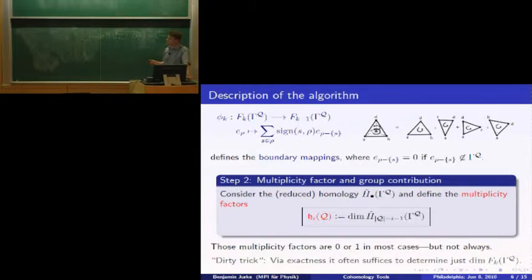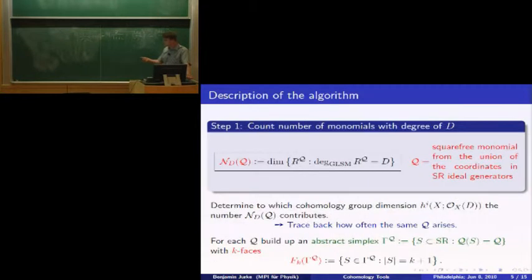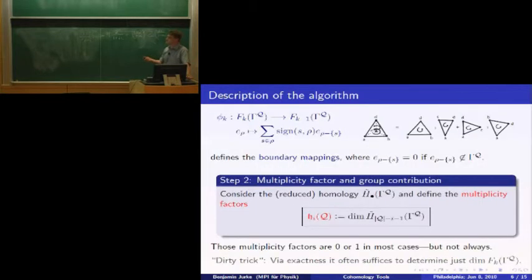Now, this defines the boundary mapping of the complex, and the multiplicity factors, as we called them in the original paper, and still call them, are simply the cohomology of this complex. They determine to which cohomology group the monomials which we counted actually contribute.